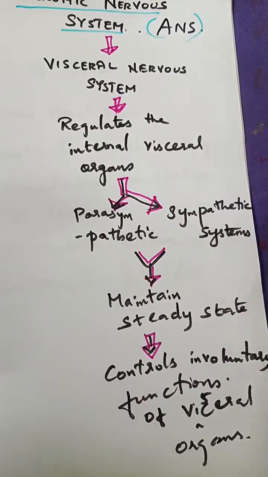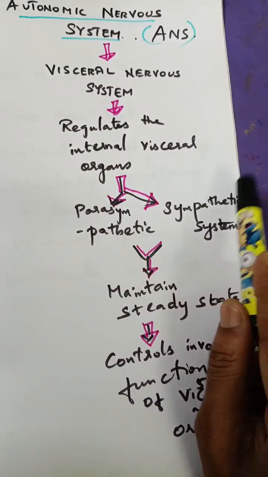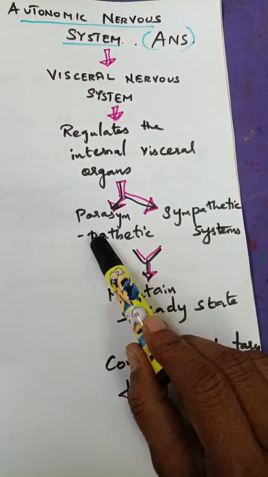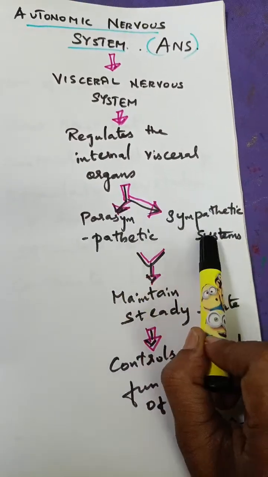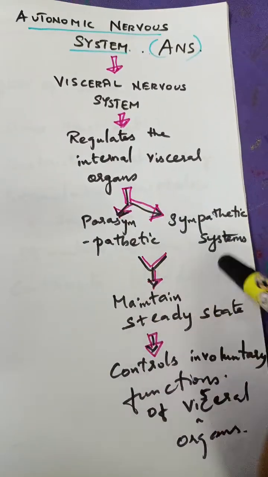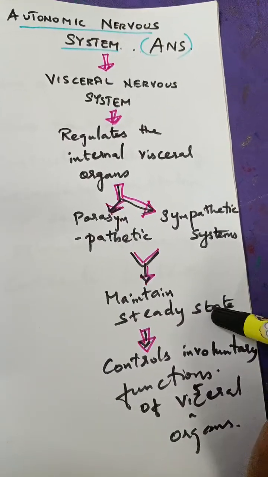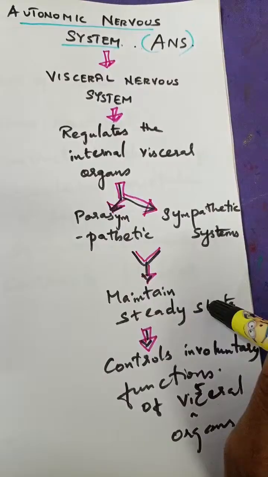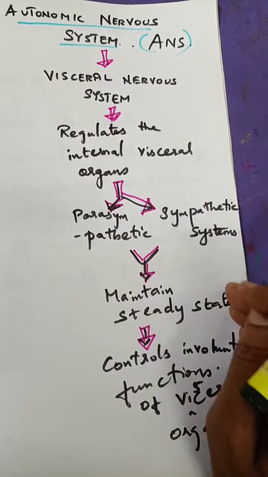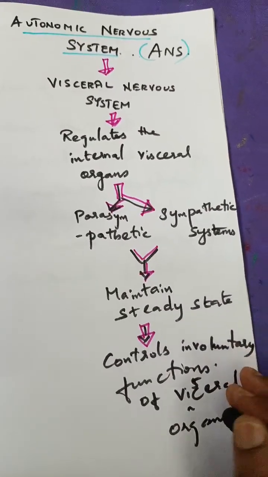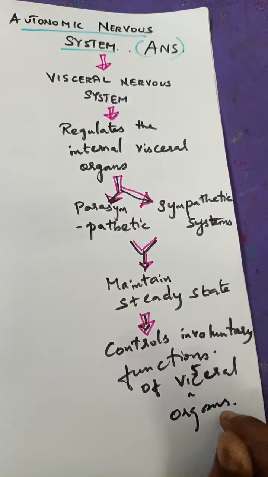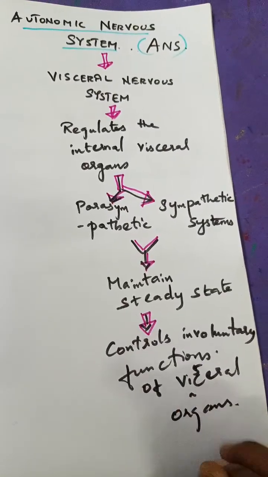Since they are opposite in their actions, they maintain the steady state in the human body, in the living organism. They also control the involuntary actions of the internal organs, that is, the visceral organs.